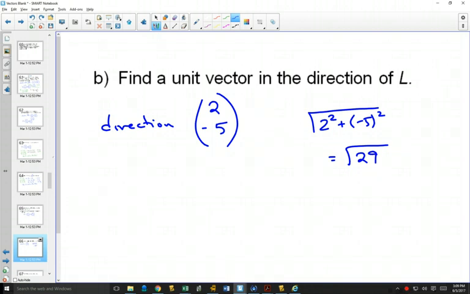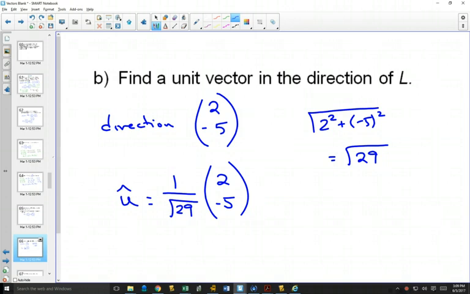So our unit vector, we'd have to divide by that root 29. And now that vector would have a length of 1. So to find our unit vector, we find the length of our vector and then divide by that.